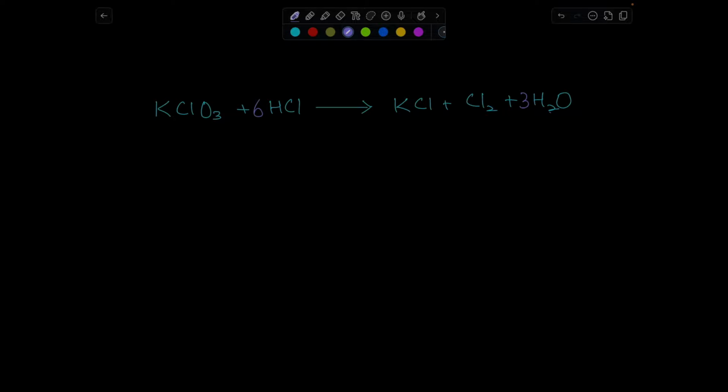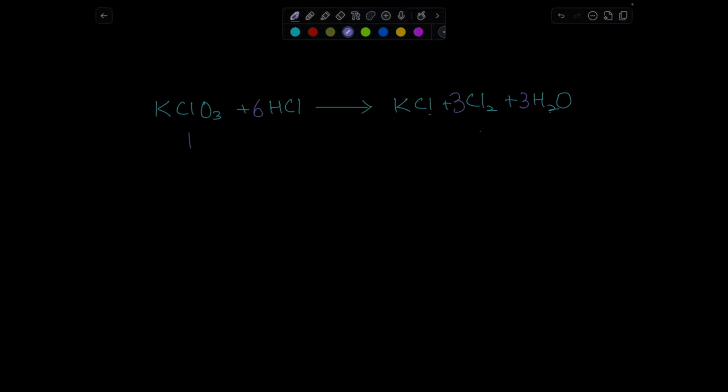There is just 1 potassium on both sides, and there are 7 chlorine on the left side and 3 chlorine on the right side. So if we put a 3 in front of the chlorine on the right side, we should have 7 chlorines on both left and right side, and that should be balanced.